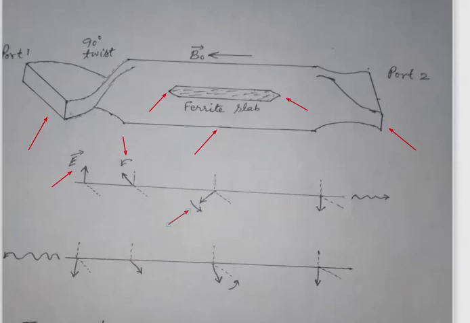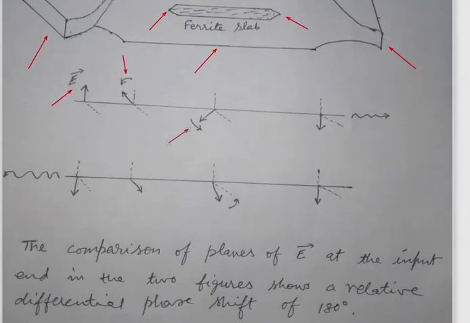Now if we reverse the direction of propagation back from port 2 to port 1, then in passing through the Faraday rotation section, due to the non-reciprocal property of the Faraday rotation effect, the rotation will be caused in the same counterclockwise direction.